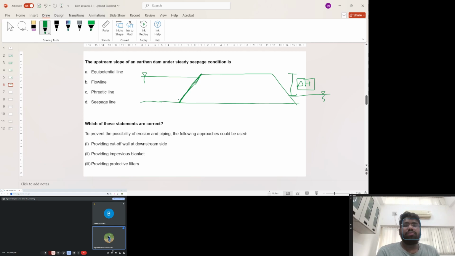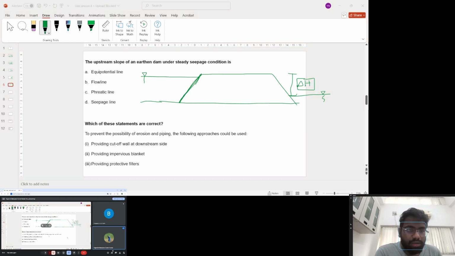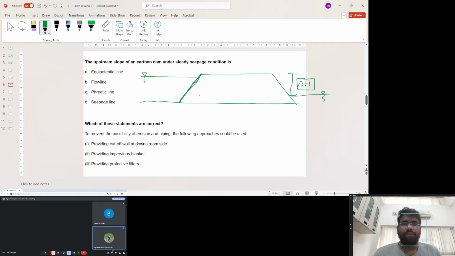For flow to occur, there should be head loss. Let this be the upstream slope, and now this can either be a flow line or an equipotential line.